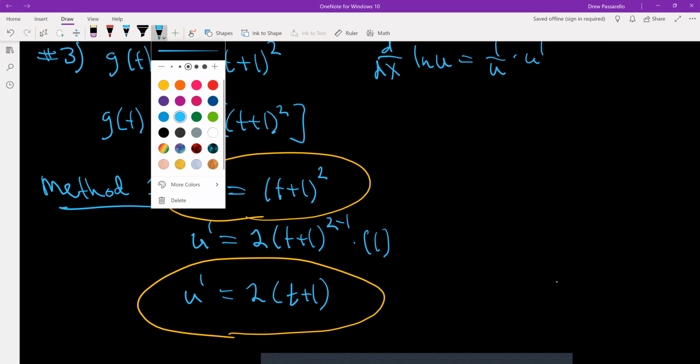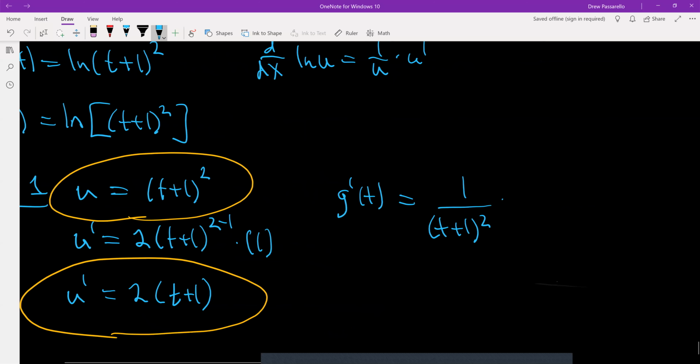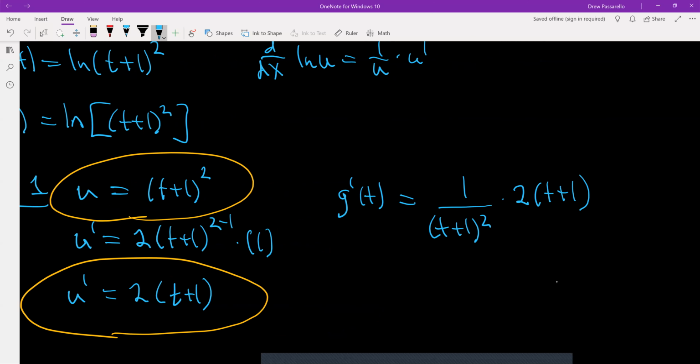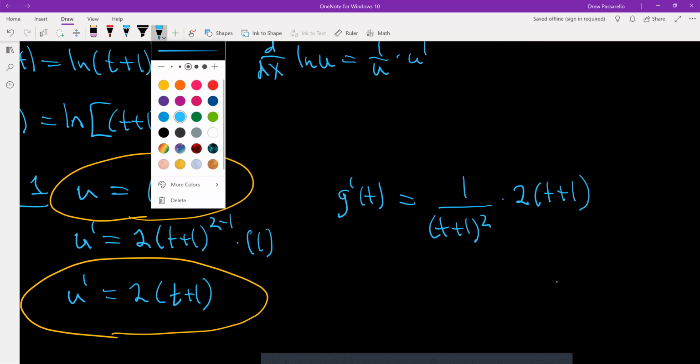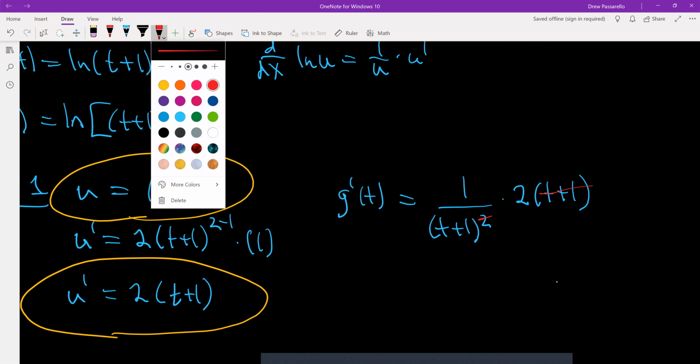So g prime of t becomes 1 over u, so that's 1 over t plus 1 squared, times u prime, which is 2 times t plus 1. I could cancel out t plus 1 from t plus 1 squared, so then I just have 2 over t plus 1.